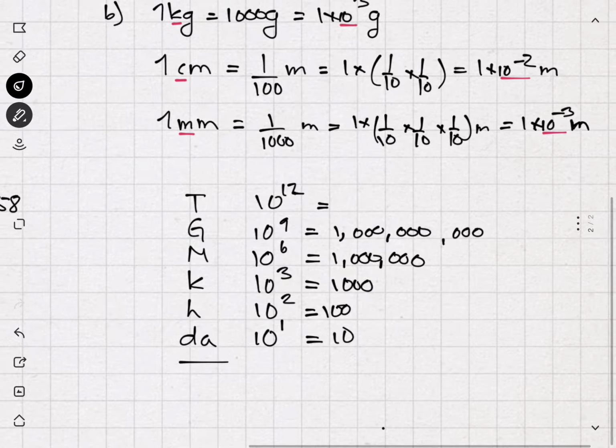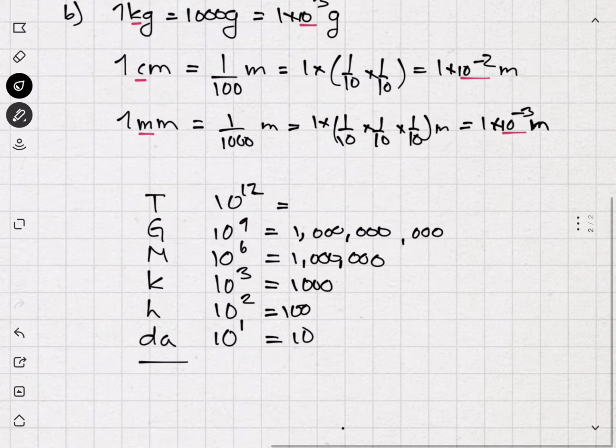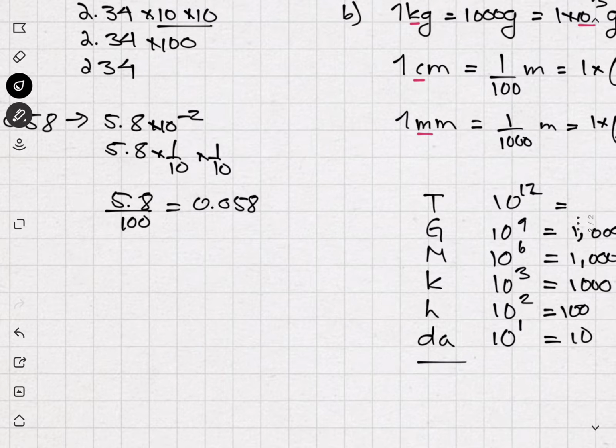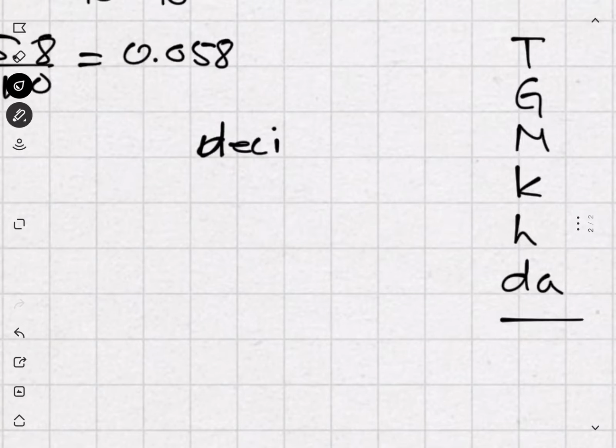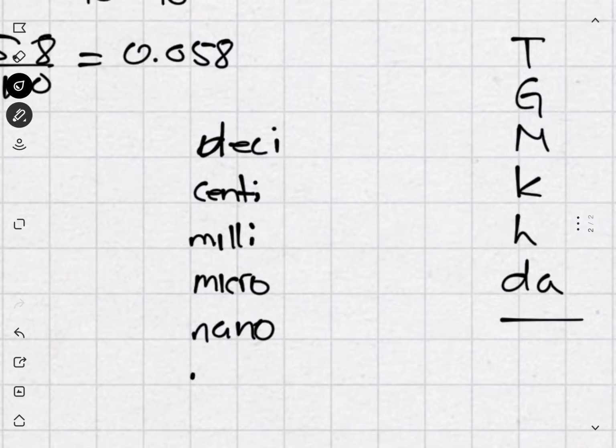Now we can go into the negatives. So metric multipliers for negative numbers. We start from deci, then centi, milli, micro, like micrometers, nano, and pico.